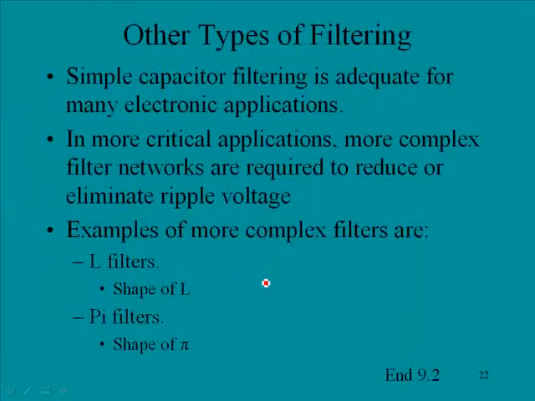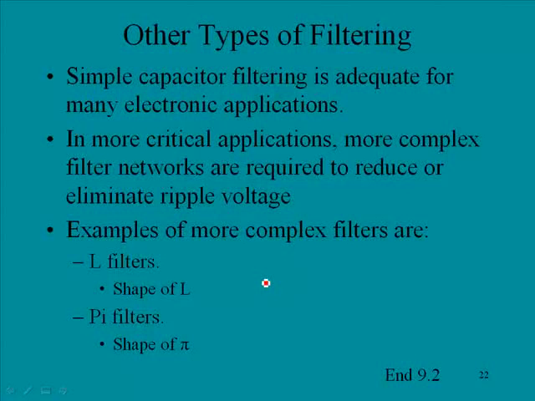Okay, other types of filtering. Simple capacitor filters are adequate for many electronic applications. In more critical applications, more complex filter networks are required to reduce or to eliminate the ripple. There are a couple here that your text refers to. One is the L filter, and another is the pi filter.